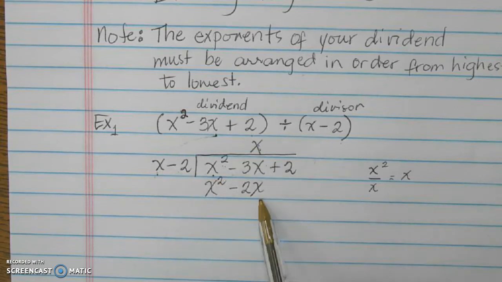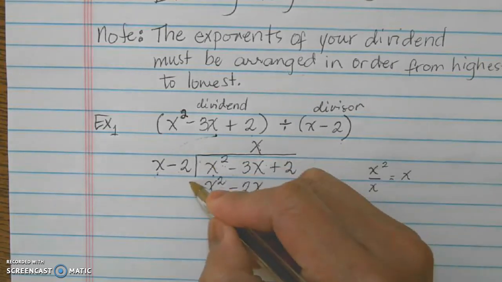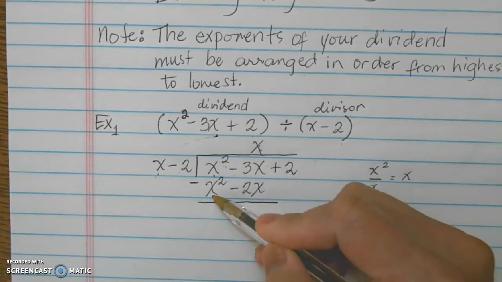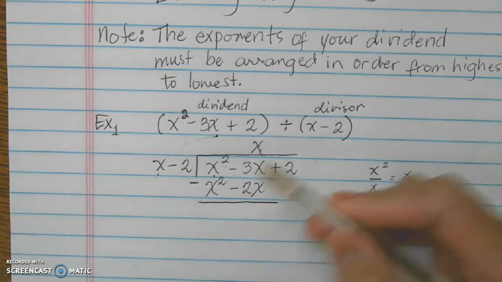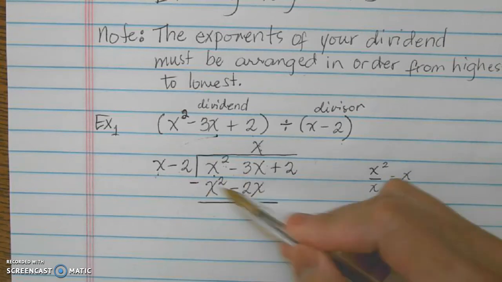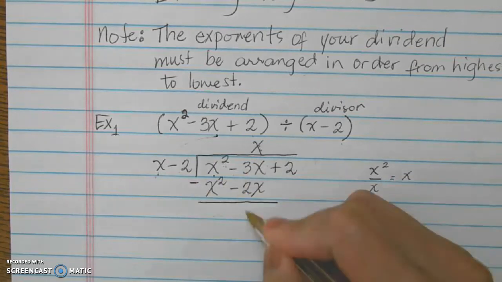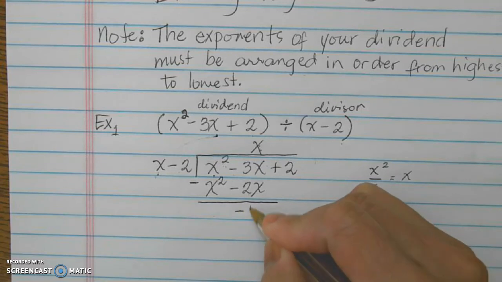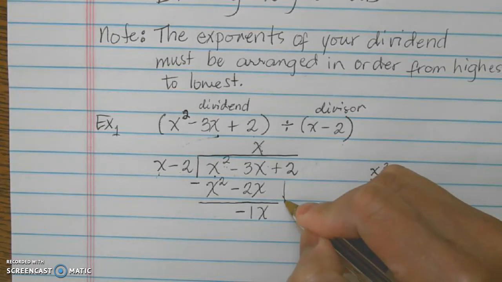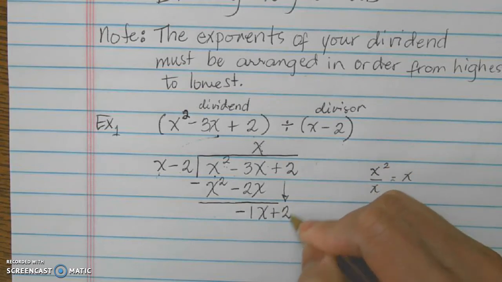So it would now look like this. You're going to subtract them both. So this minus this is 0. This minus this, so negative 3 minus negative 2 is negative 1x. And you're going to bring this down, positive 2.